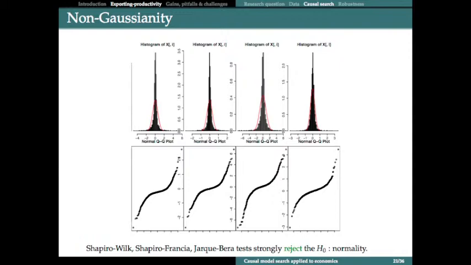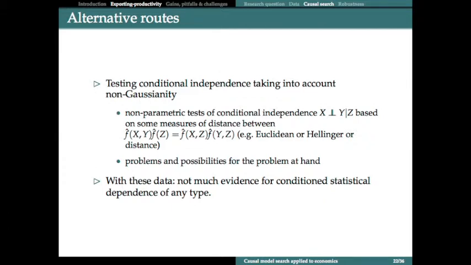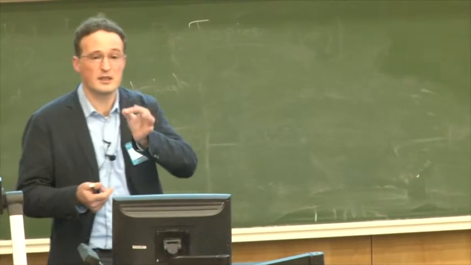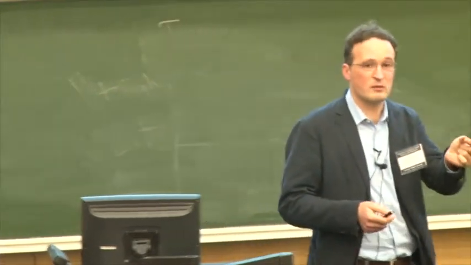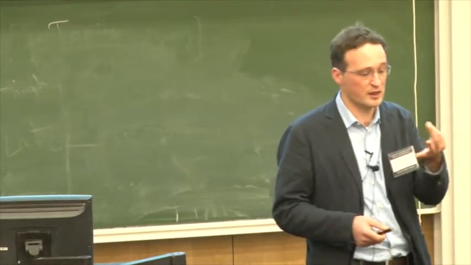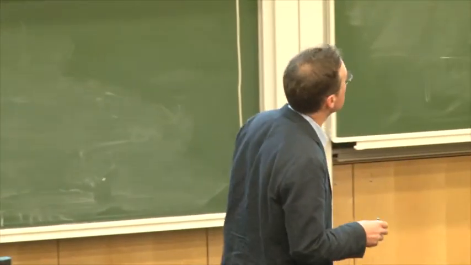So what can we do? Well, we can, for example, test conditional independence taking into account non-Gaussianity. We can use a non-parametric test of conditional independence, which works very badly when we have a lot of conditioning variables. But in our case, we have just 4 variables, so it would be just to test whether 2 variables are independent conditioned on 0 variables, 1 variable, and 2 variables.